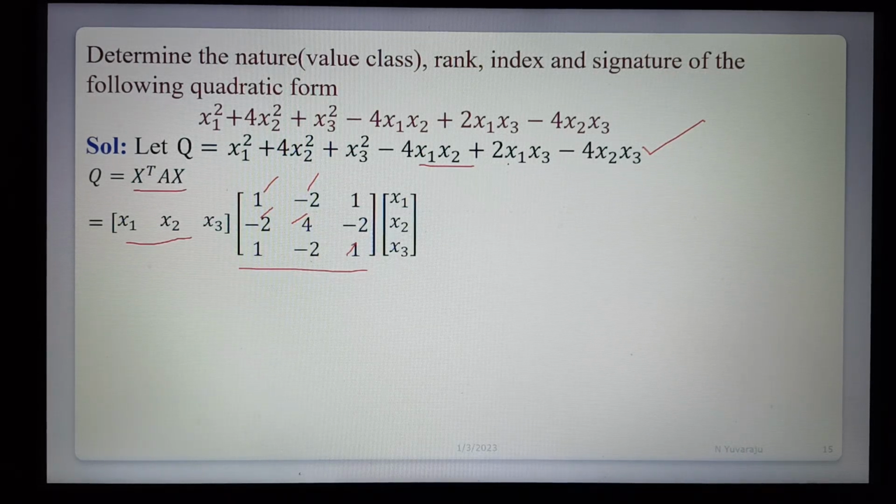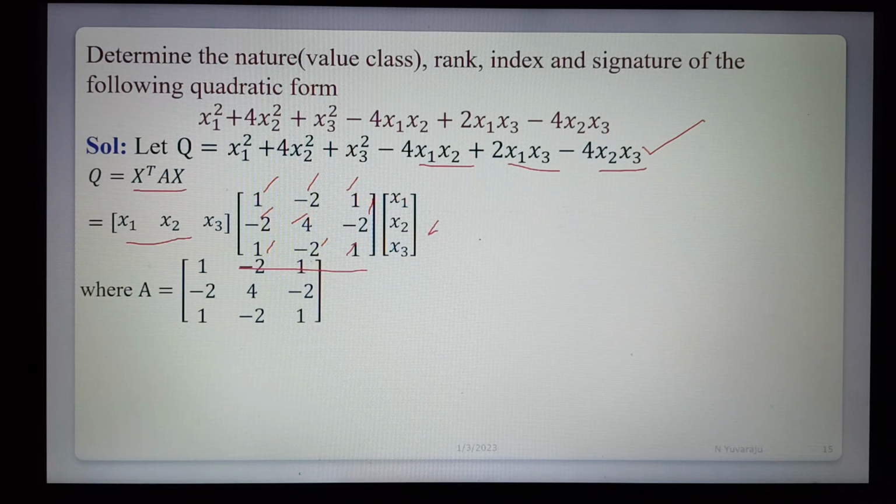Next, the x1x3 coefficient is 2, so here 1, 1. Next, the x2x3 coefficient is minus 4, that is minus 2, minus 2. This is the column matrix X. So the coefficient matrix A is equal to [1, -2, 1; -2, 4, -2; 1, -2, 1].